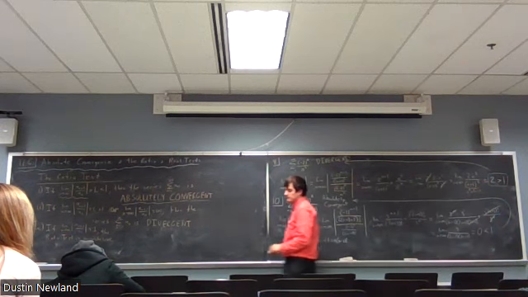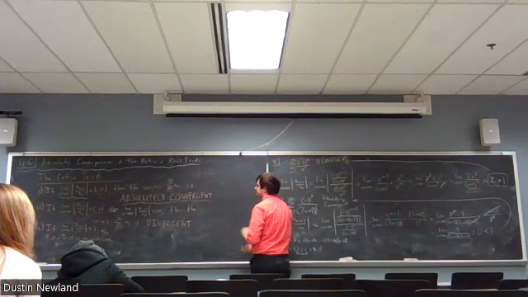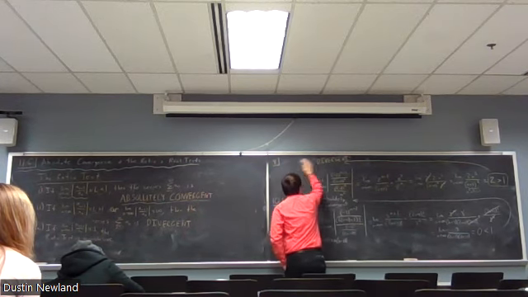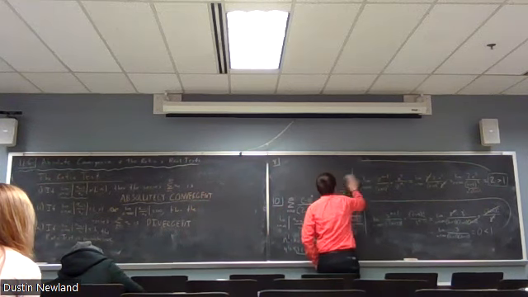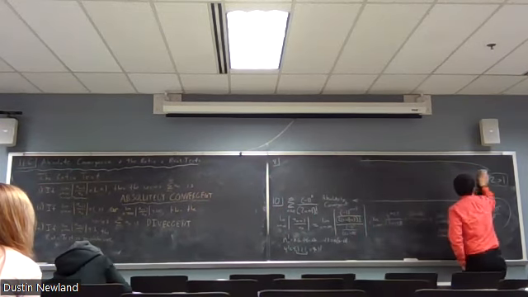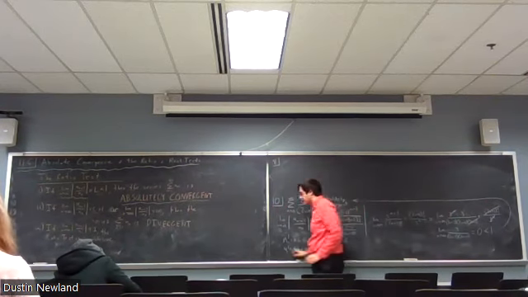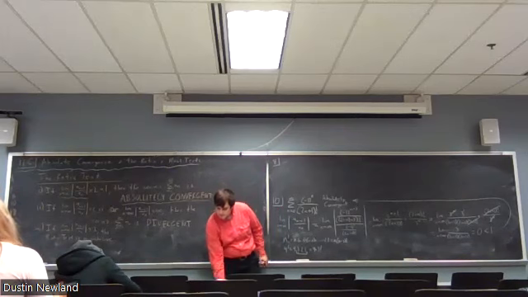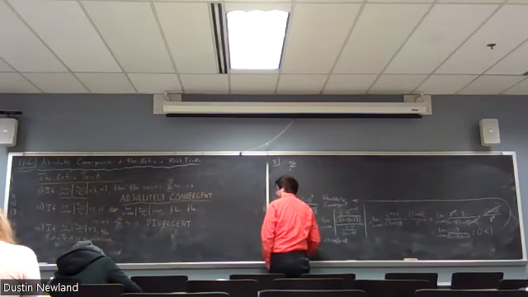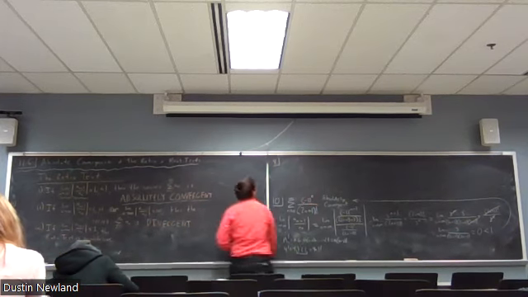Okay. Let's do one more. This one's going to be a little interesting. I'm going to leave that up. Okay, so we're going to have the sum, and this is number 18, so it'll look funny.